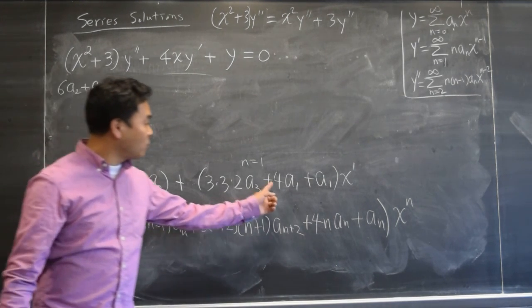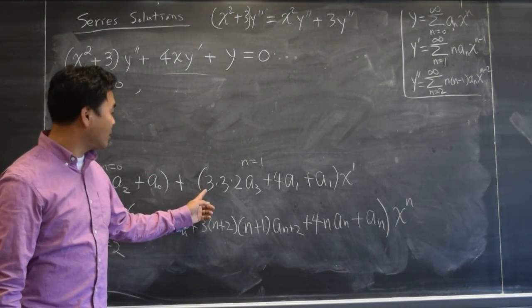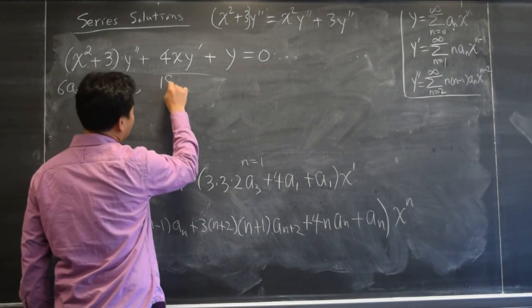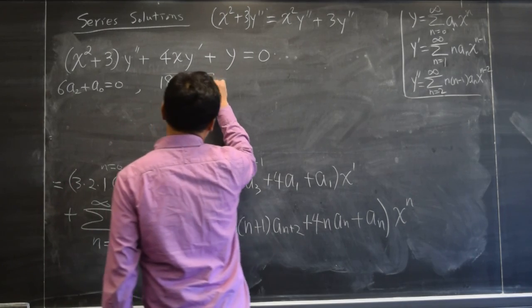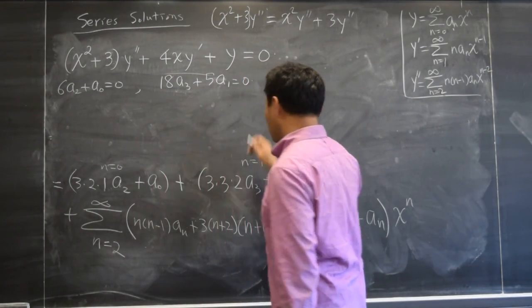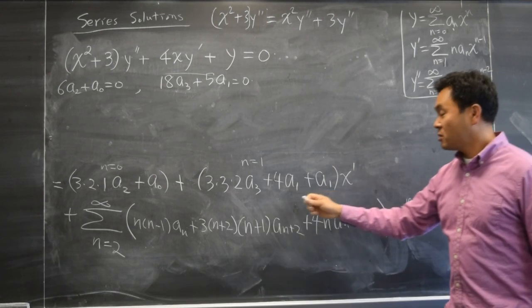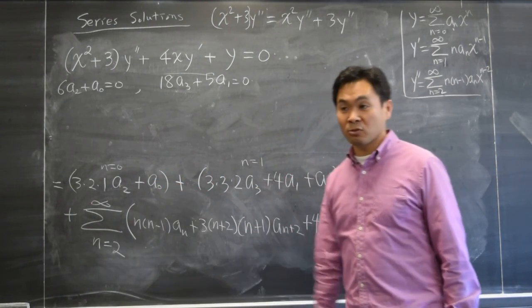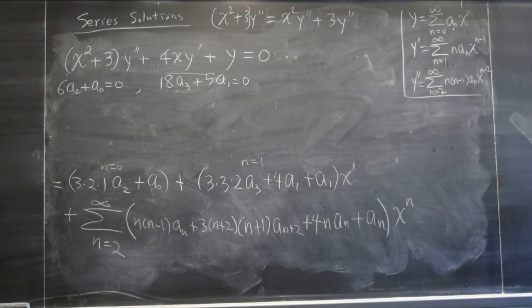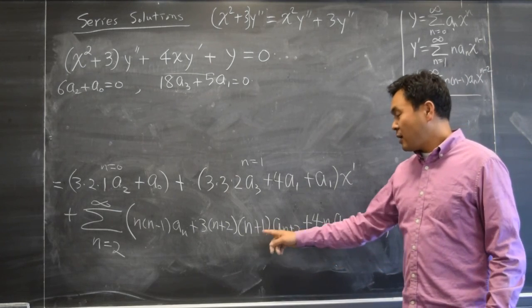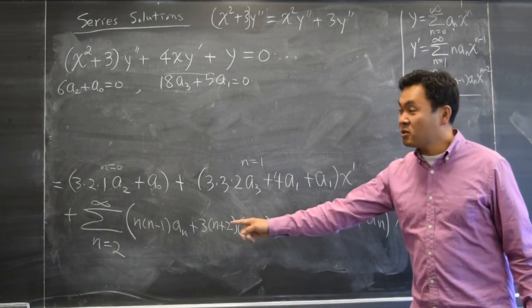And then 4 plus 1 is 5. And that's 18. So I have 18a3 plus 5a1 equals 0. These are the first two equations that you get out of the first two terms. And then this one is huge.